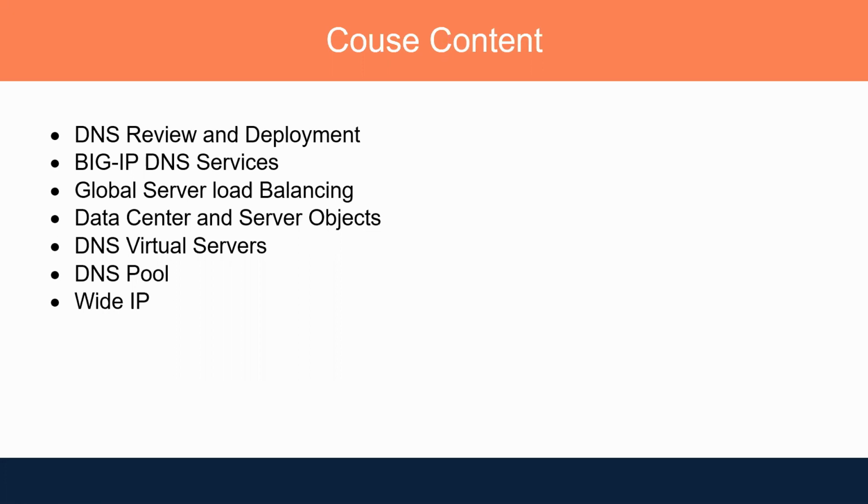We'll discuss global server load balancing, which is one of the mechanisms to manage global traffic. Then we'll discuss data center and server objects, what all the objects we have on the F5. We'll see the DNS virtual server, DNS pool, wide IP, etc. So these are the major things that we are going to cover.